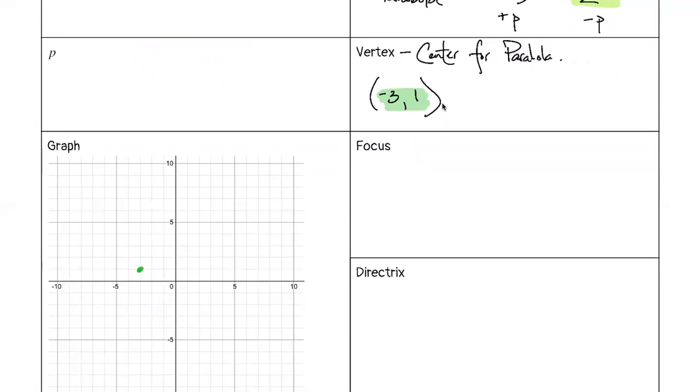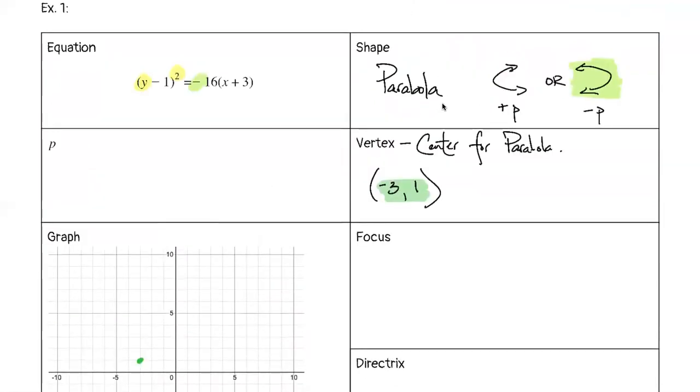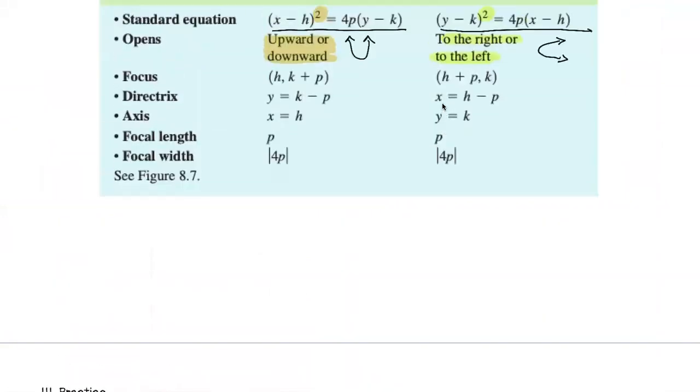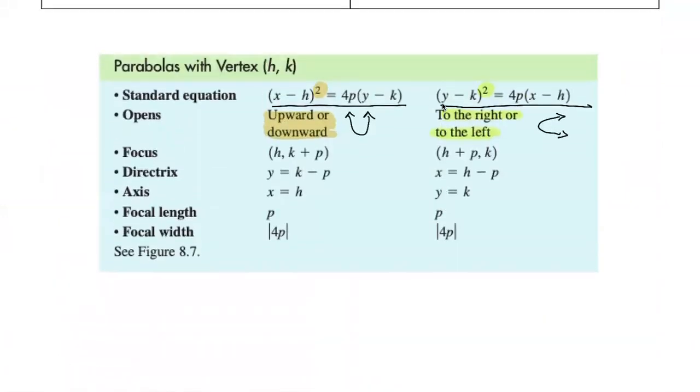Now to draw everything else, we do need to identify p. So let's go back up for a moment to the equation. So in the equation, we're going to notice a few important things. This number in front of the non-squared side is equal to 4p. So we can see the same thing over here.